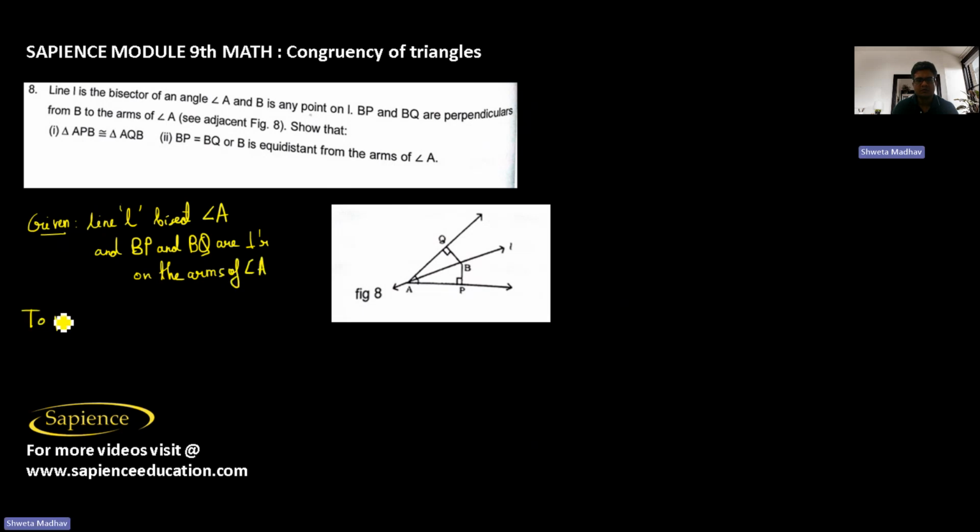Then we have to prove that the first part is triangle APB is congruent to triangle AQB.